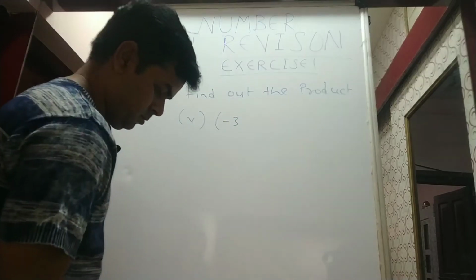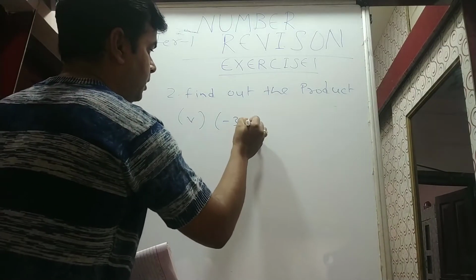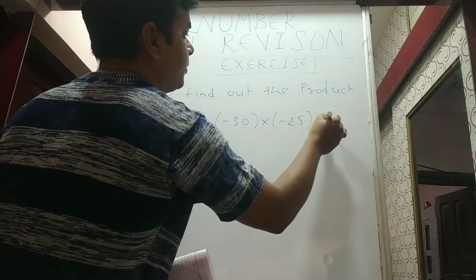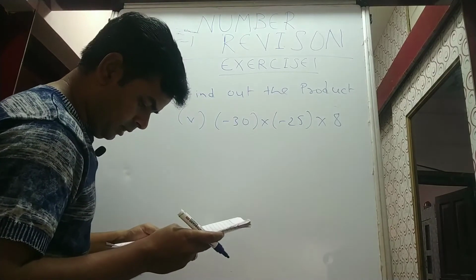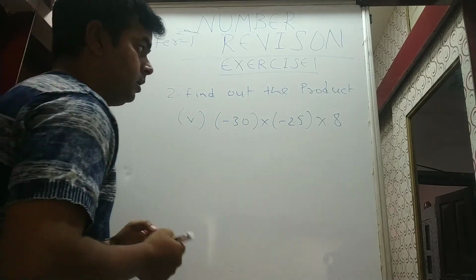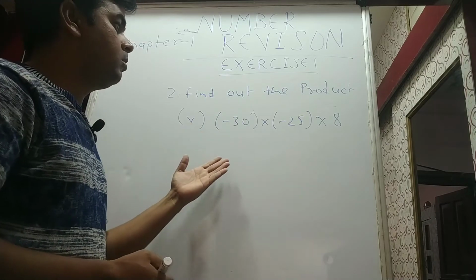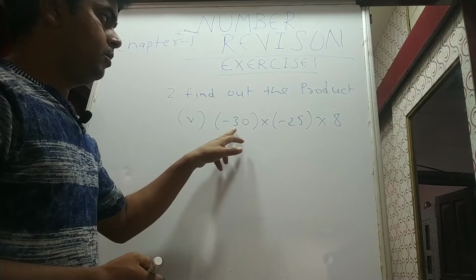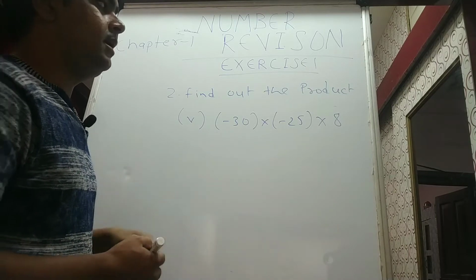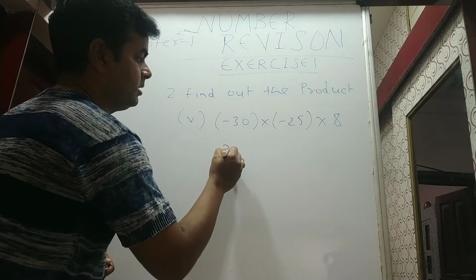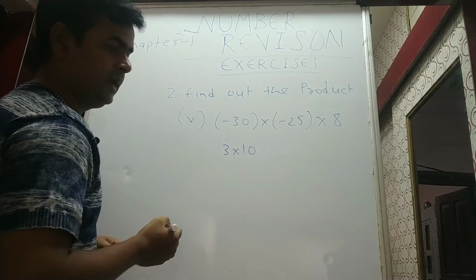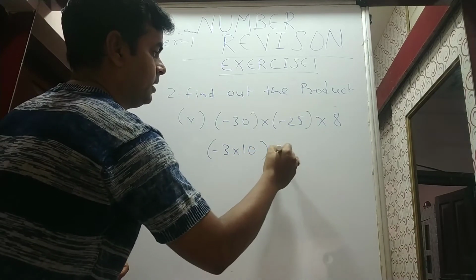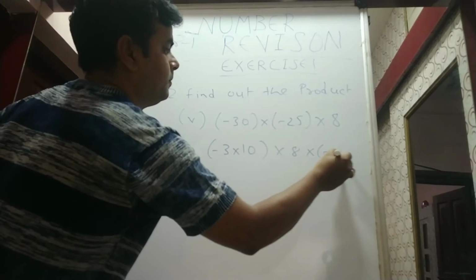You may think this is a bigger number to multiply, but it is not. Let me tell you how. Do you know that 30 is basically 3 into 10? So let us write this as 3 into 10, and this 8 we'll solve later.